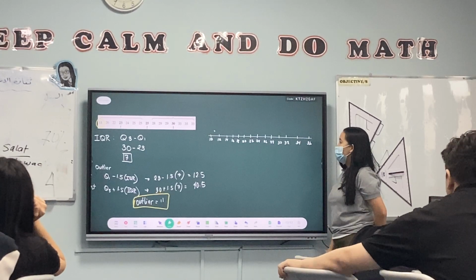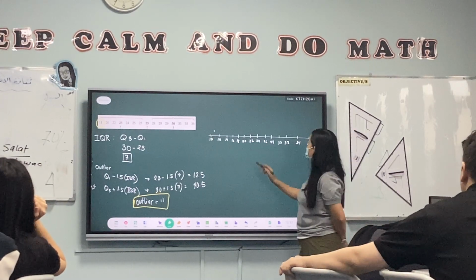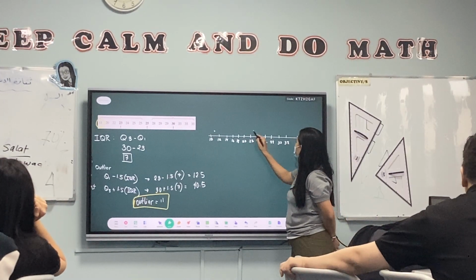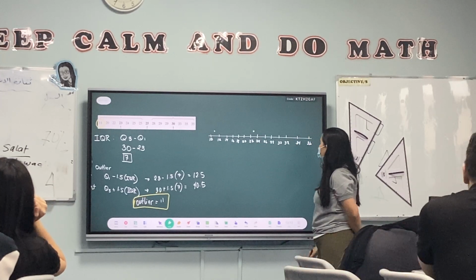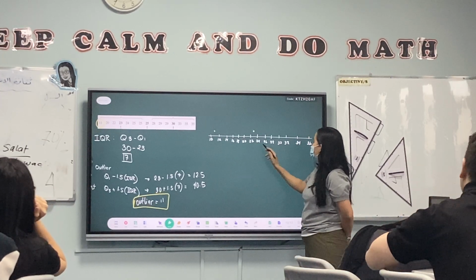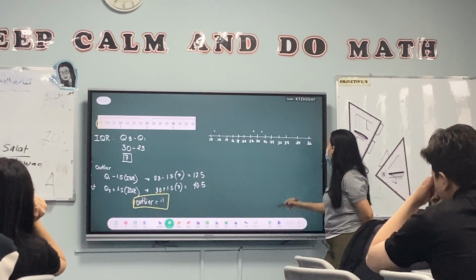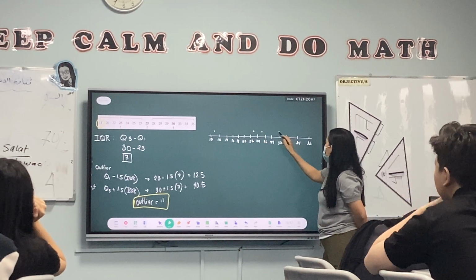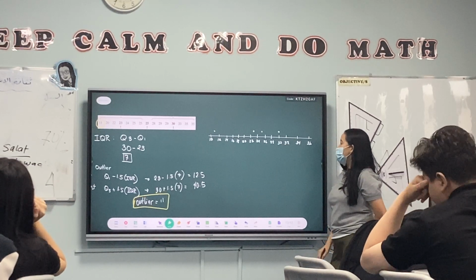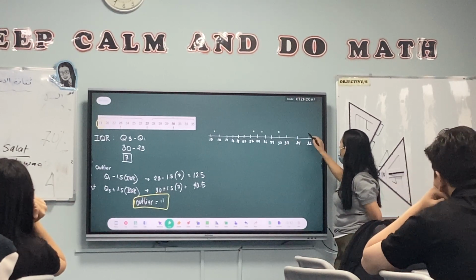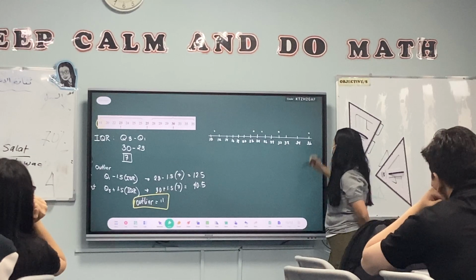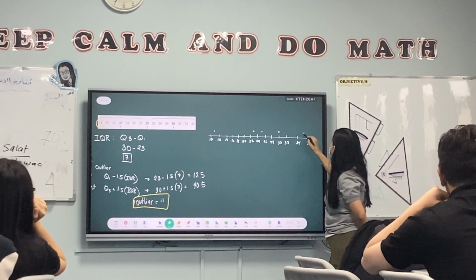Quartile 1 is 23, so in between. Quartile 2 is 25. Quartile 3, third half. Did you see the difference? Next, the last number is 35. How did we draw this?